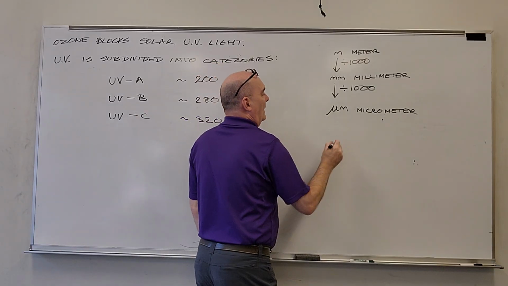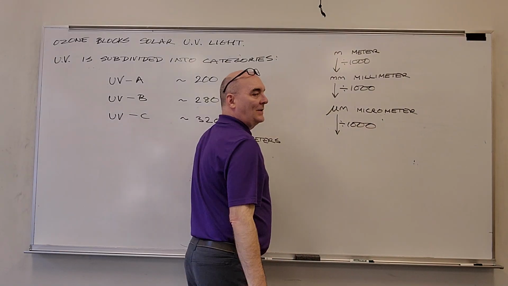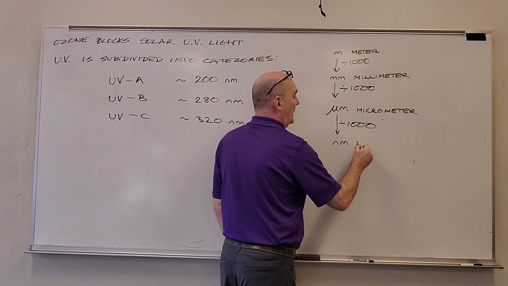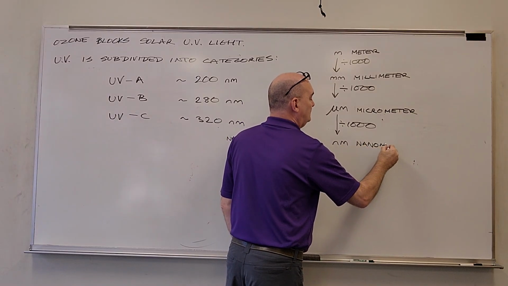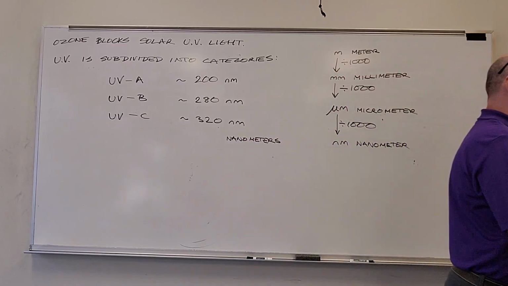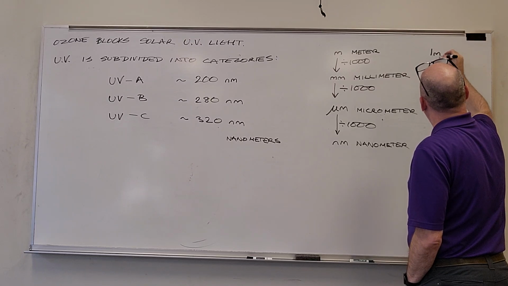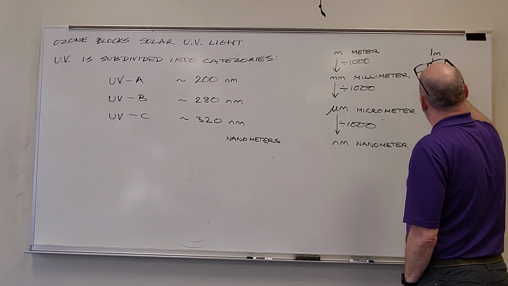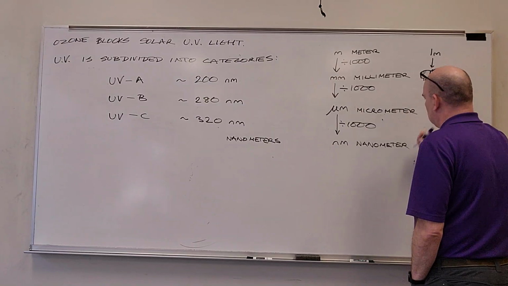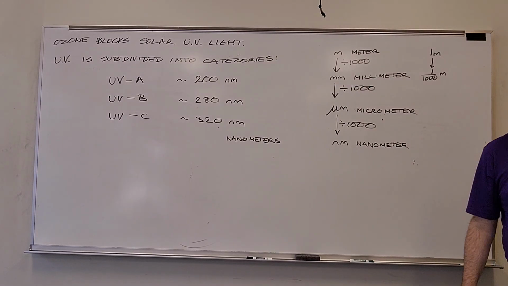If you divide micrometers into 1,000 equal pieces, you get nanometers. All right. So if I have 1 meter and I divide it by 1,000, then I have 1 divided by 1,000 meters. Put that in your calculator. What is 1 divided by 1,000?